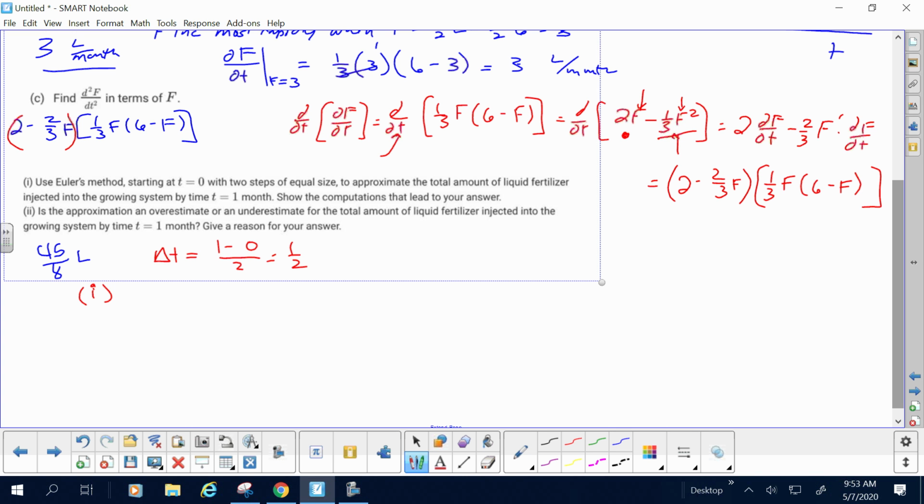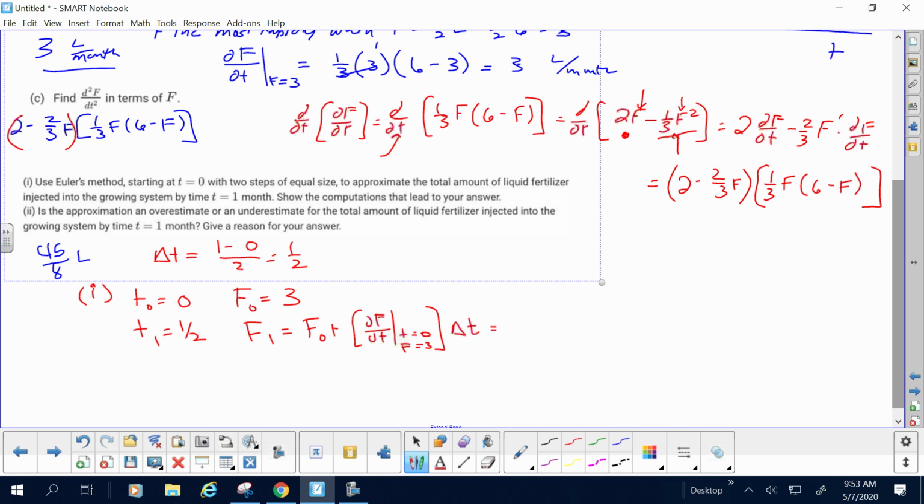All right. So part 1, at time initial, which is 0, f initial is 3. Cool. At time 1, which is half a month away, the first iteration would be f1 is f initial plus df/dt at the previous time of 0, population of 3, times a change in time, or a step size.